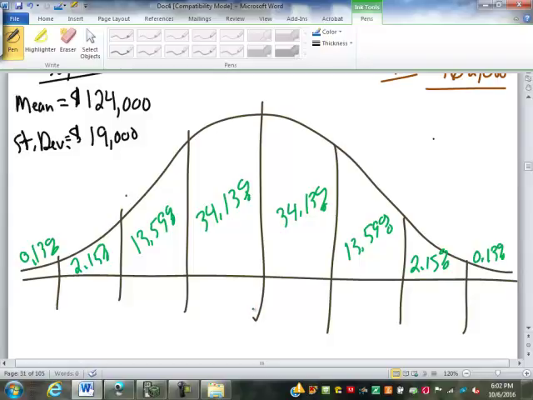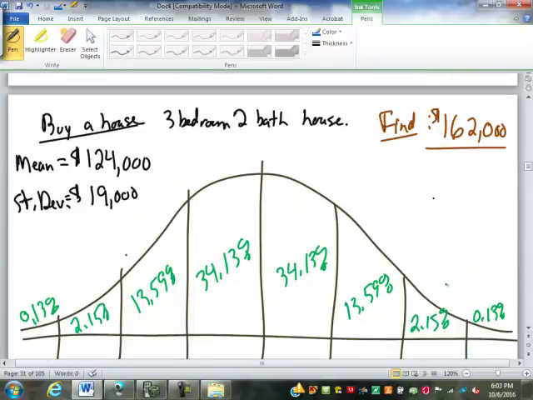What goes in the middle? 124,000. I'm just going to put 124 to abbreviate. What's going to go here? Minus 19,000, so 105. Here, 86, and here, 67. How about going this way? 143, and here, 162, and here, 181. So what was your argument to your realtor?